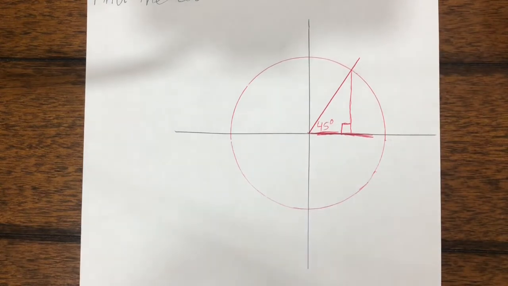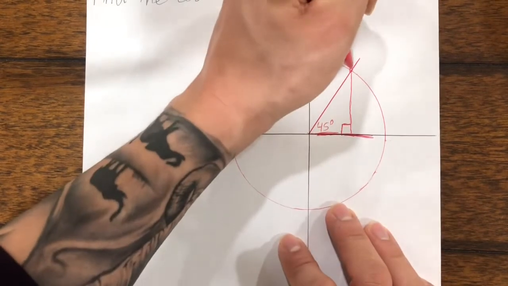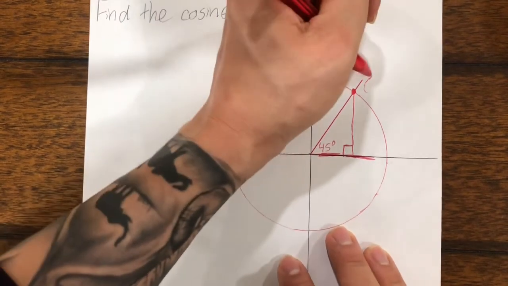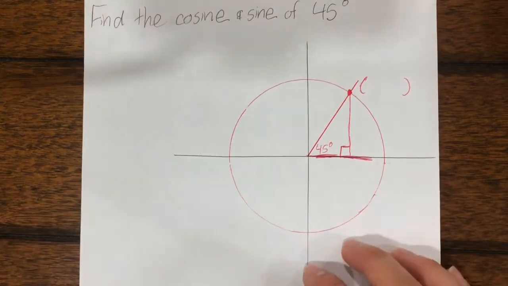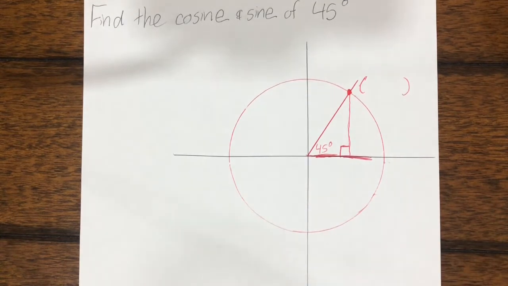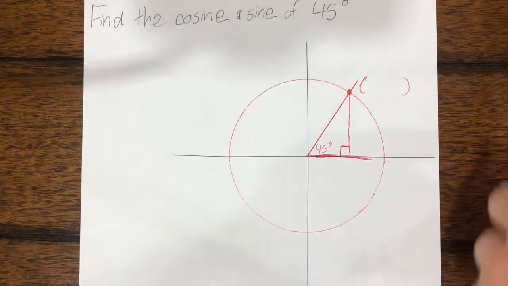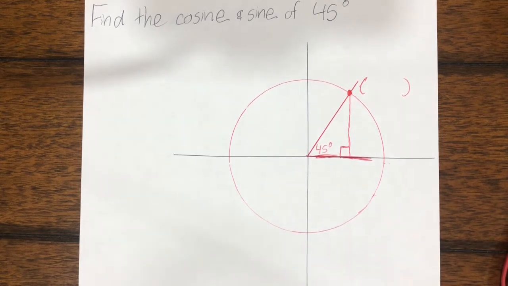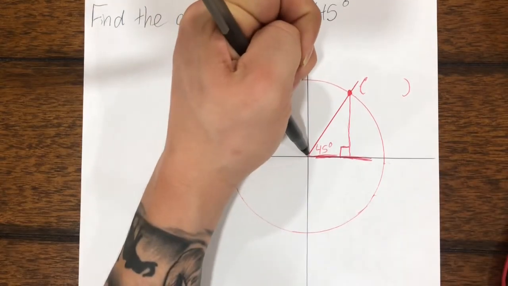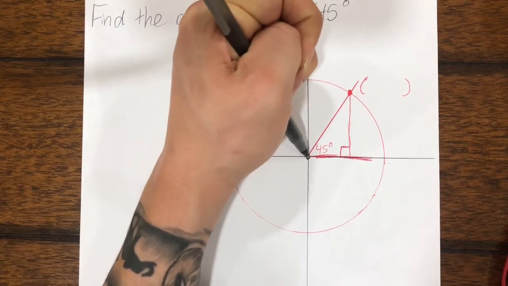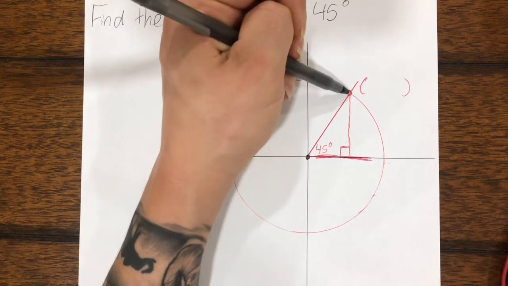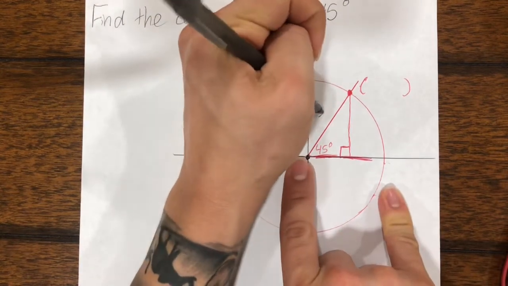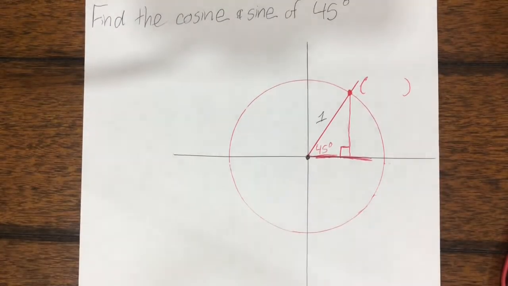So now what I can do is figure out my x and y coordinate for this intersecting point by using the 45, 45, 90-degree triangle rule, which luckily requires less work than the 30, 60, 90-degree one. Just like the other two examples, I have a radius going from the center at the origin to the end point of the circle, and the radius is always 1, which again is a hypotenuse.